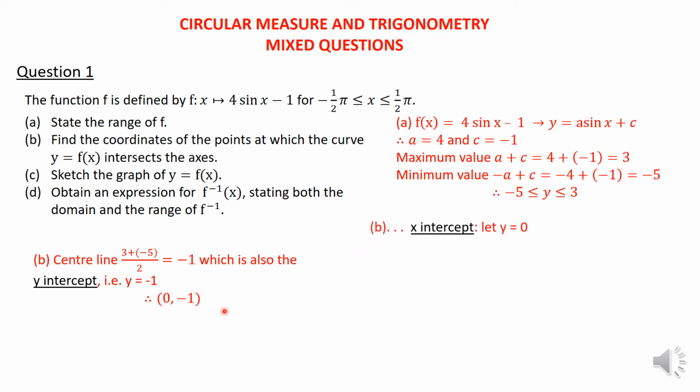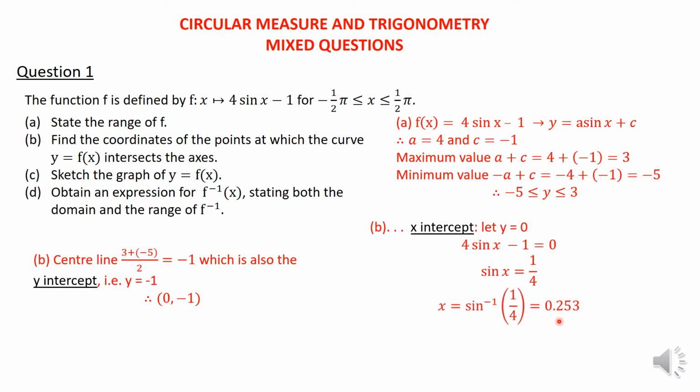And if you want to find the coordinate of the x-intercept, you have to take that function, let it equal 0 for y, and then solve that equation. Now you know that sine of x is equal to 1/4. Make sure that when your domain is given in radians, your calculator is in radian mode because the angle we're going to look for should be in radians.